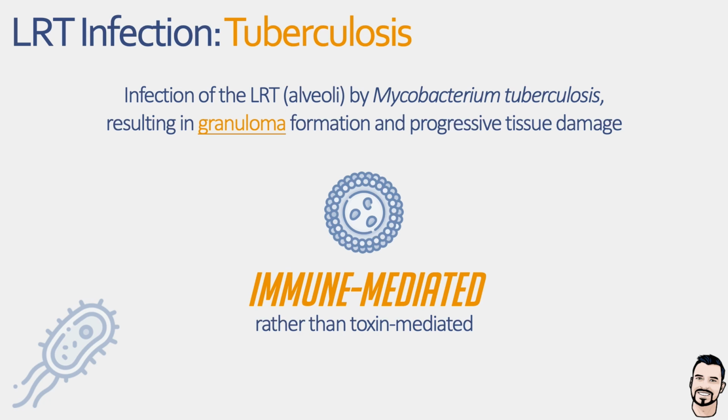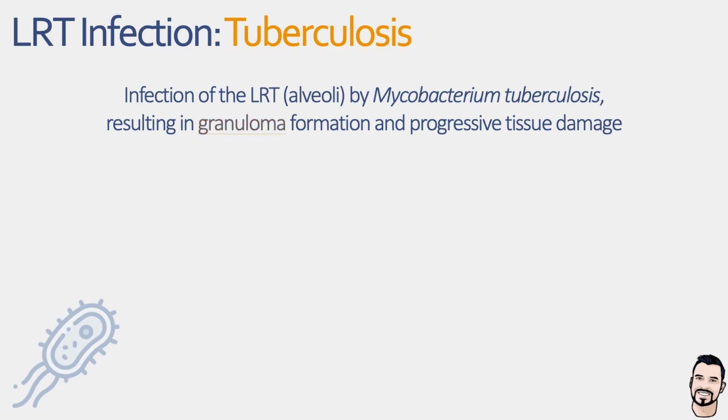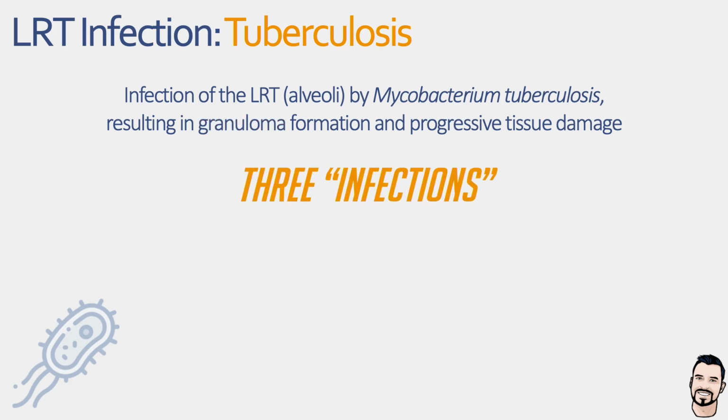Now, one key aspect of tuberculosis is that it has 3 stages of infection, which separate out tuberculosis infection from tuberculosis disease. Following exposure to Mycobacterium tuberculosis, only about 30% will go on to develop primary tuberculosis infection. So we get tubercle formation in the alveoli, and there are 2 options at this point.